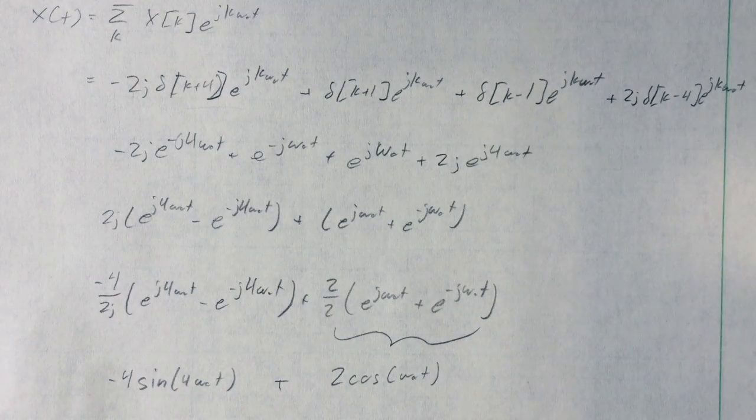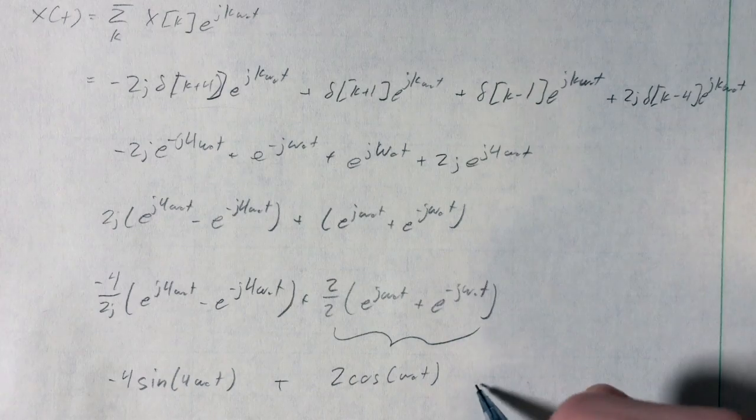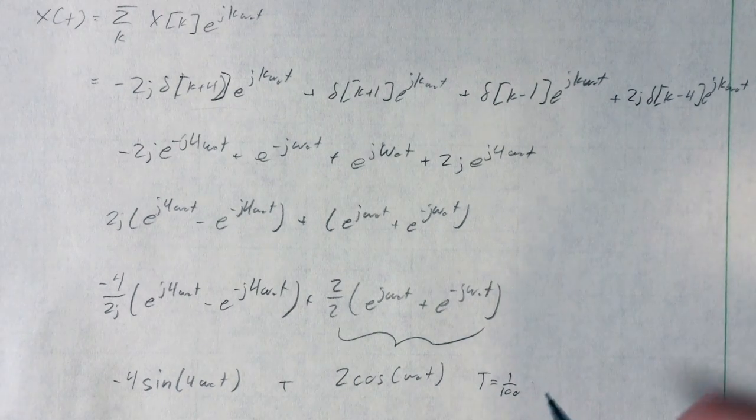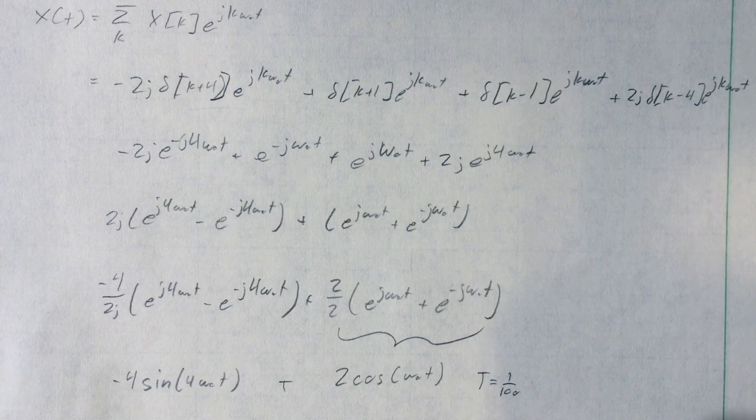And we just add them. And so do we have omega naught? Yes, we do, because we know the fundamental time period is T equal to 1 over 100. And so omega naught is equal to 2 pi over T, which gets us 200 pi.